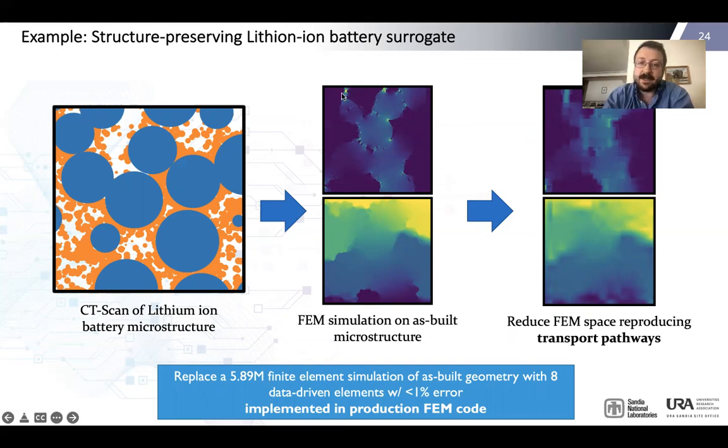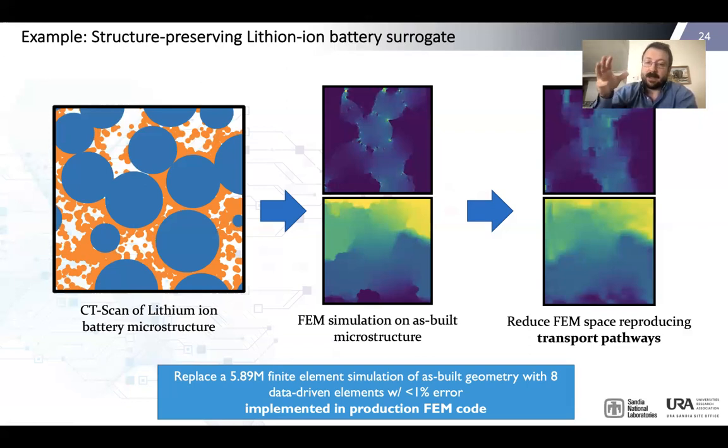But that tells you exactly how the electric field, how the lithium concentration, how that all percolates through this microstructure and gives you these pathways. And so what our framework gives us is a way of extracting a finite element space that preserves these transport pathways, gets all of this conservation correct, and we can reproduce this high fidelity simulation using only 8 elements while maintaining under 1% error.